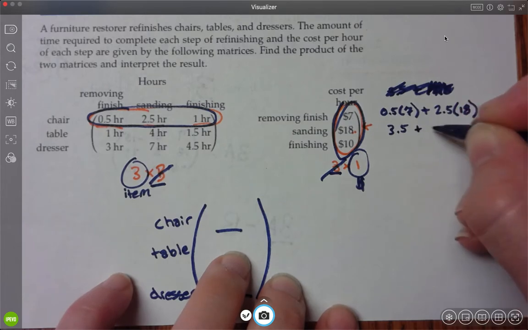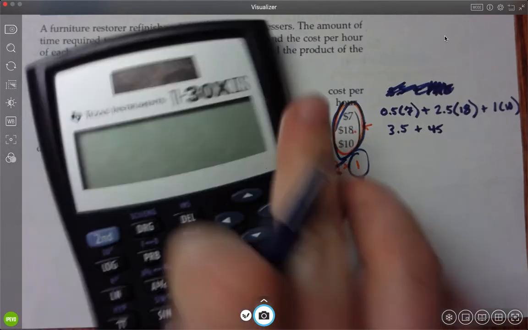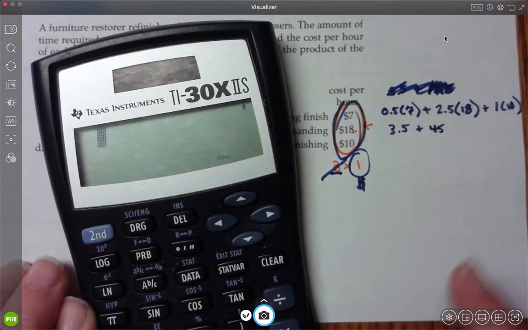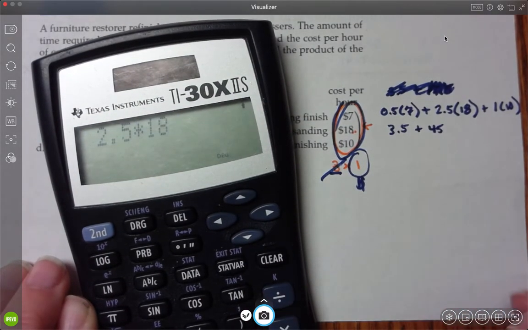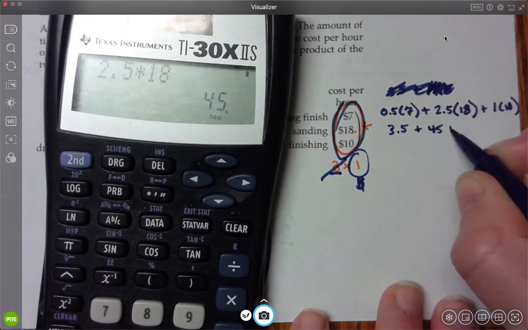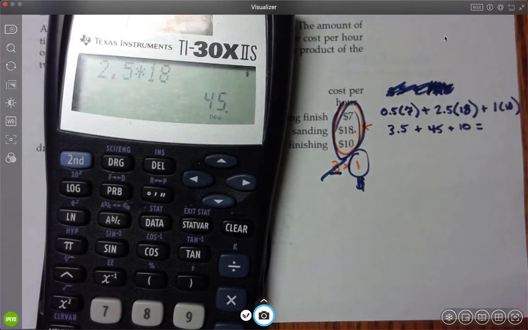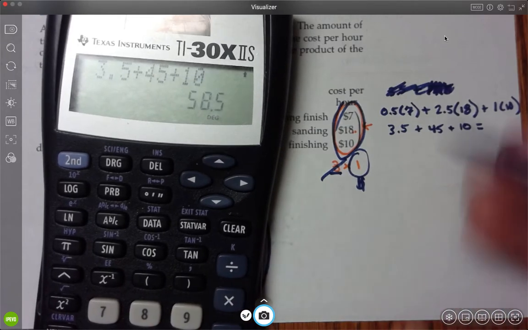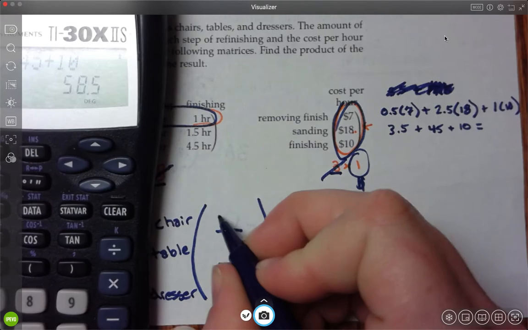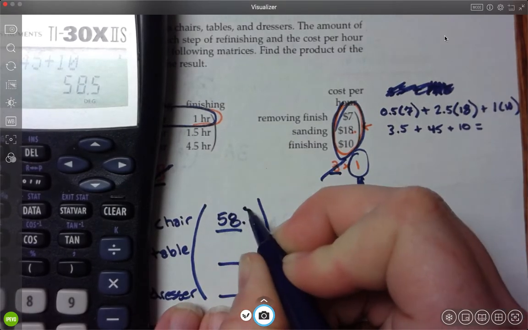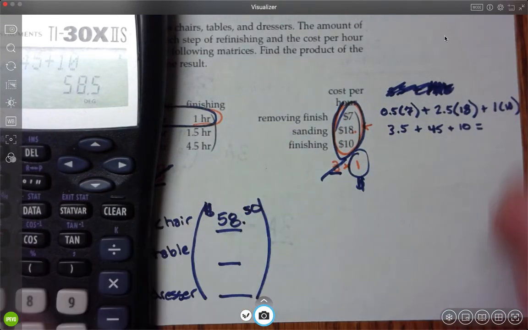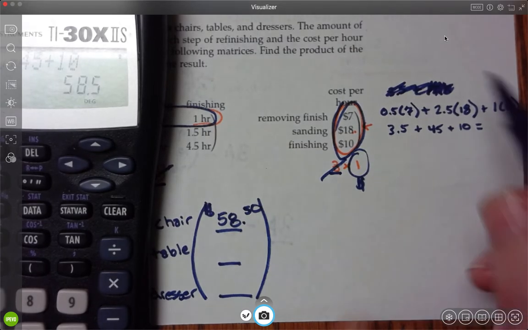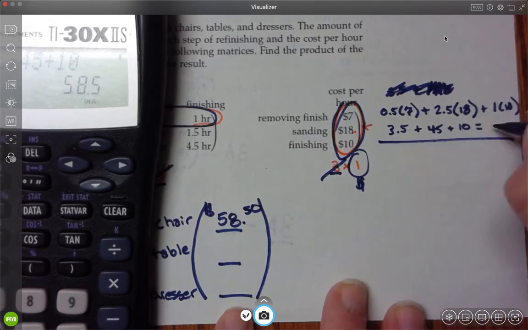Let me check that with a calculator before I say for sure. 45. Plus 1 times 10 is 10. So I have 3.5 plus 45 plus 10, which is 58.50. So I can see that the chair is going to cost me $58.50.